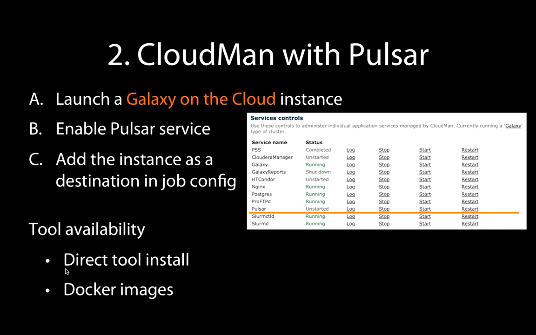We have this screenshot of CloudMan's admin page that tells you what's currently running on a given instance. If you want to run Pulsar as well, you start that service from the UI, and you'll end up with a responding Pulsar server. Then you just go back to step one, add it to the XML definition, and now you have a new destination for your local instance of Galaxy.